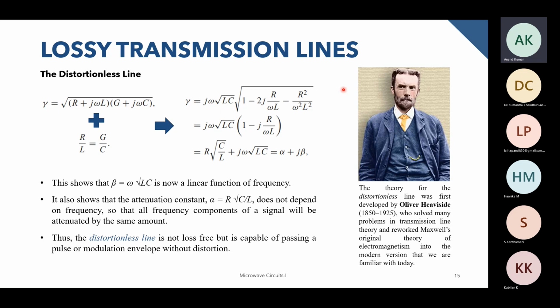And Oliver Heaviside was the person who combined the equations using vectors to get the famous four Maxwell's equations. So Oliver Heaviside has done a lot of work in electromagnetism, and this concept of distortionless line was again given by him.